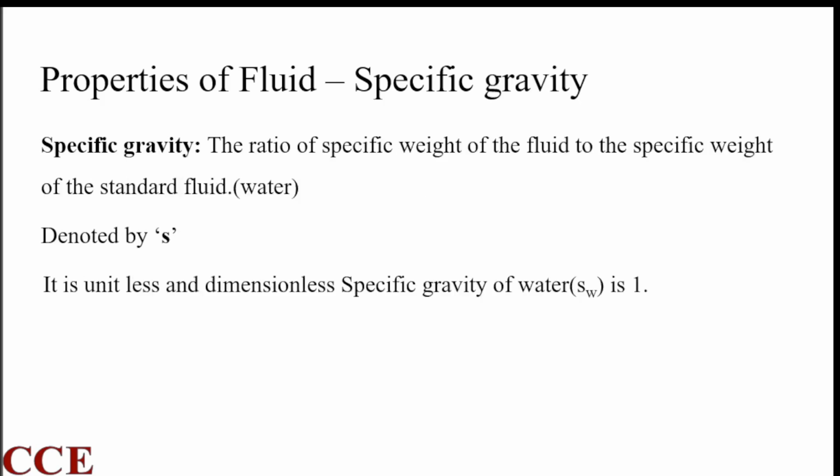Now, next property is specific gravity. It is the ratio of the specific weight of the fluid to the specific weight of a standard fluid. Mostly we use water as the standard fluid.